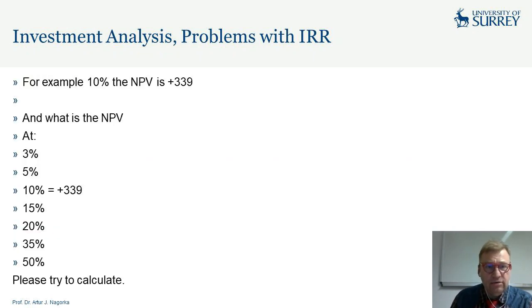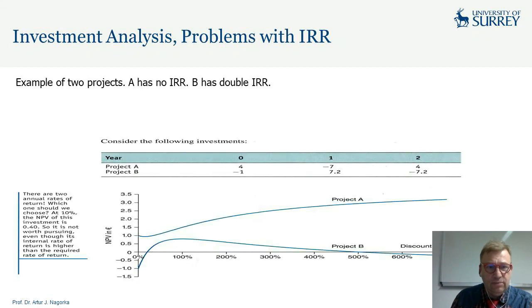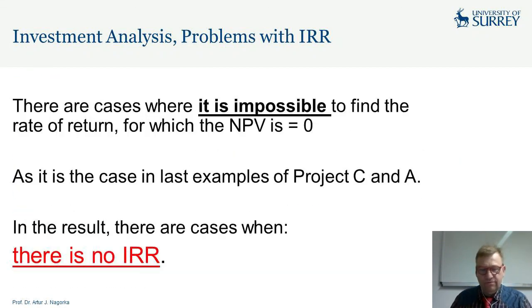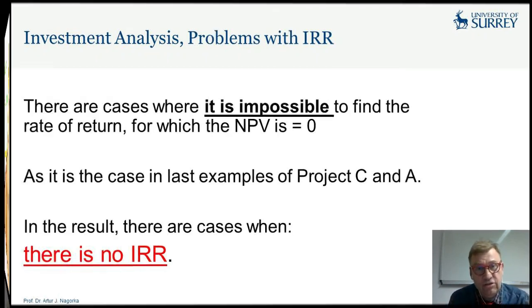Brilliant. So I go down to the end of this part. Summing up before the break, we have these pitfalls, and we know what we are doing: multiple IRR or no IRR. Be careful with the changes of sign.